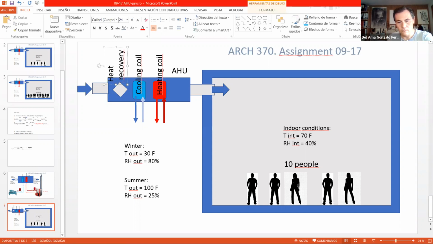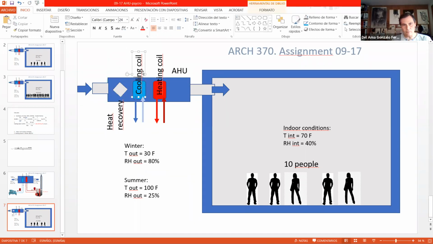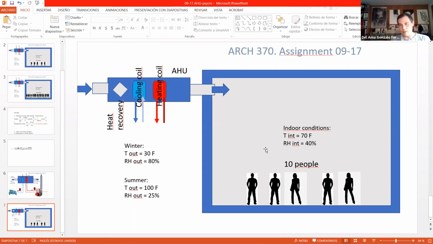Right. Okay, so now we have a cooling coil, we have a heating coil, and we have a heat recovery. I'm going to place this here. Okay, and how does it work? We have to recirculate the air. So we have the air supply here, and then we will have the air return.